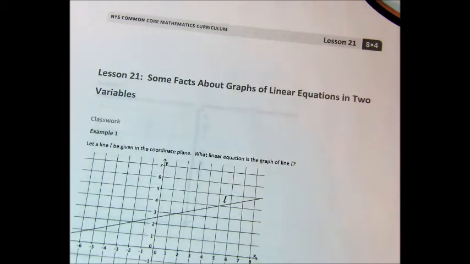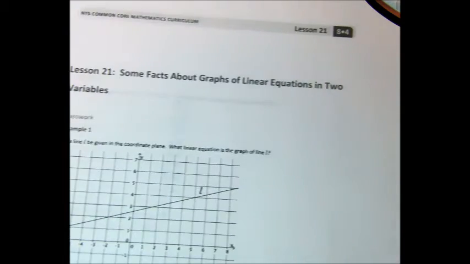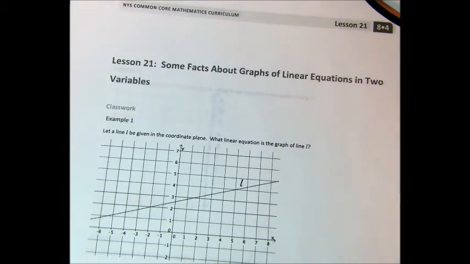a line. So I want you to think back to the previous lesson as we look at example number 1. Given line L, what is the linear equation of this graph? So we have to ask ourselves, can we easily identify our y-intercept and our slope?